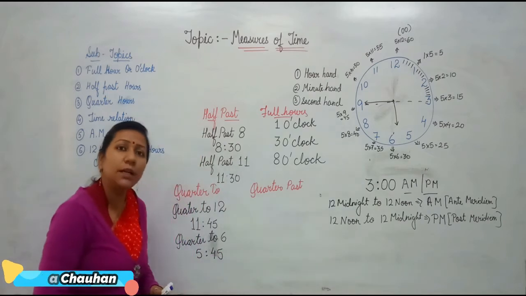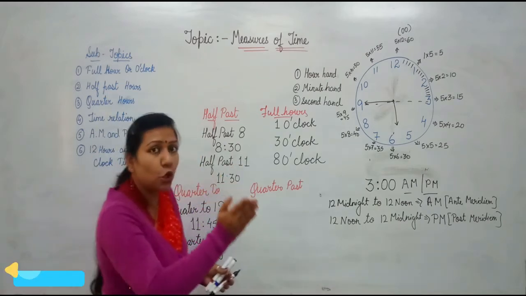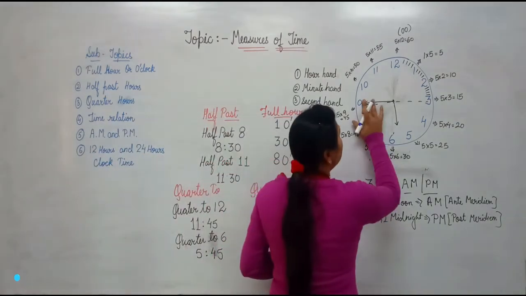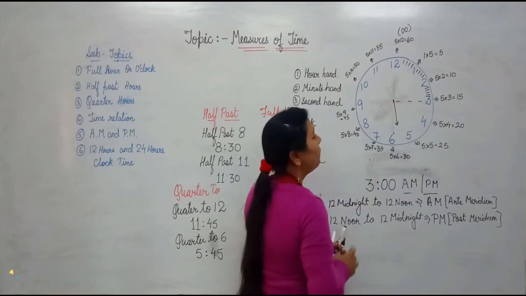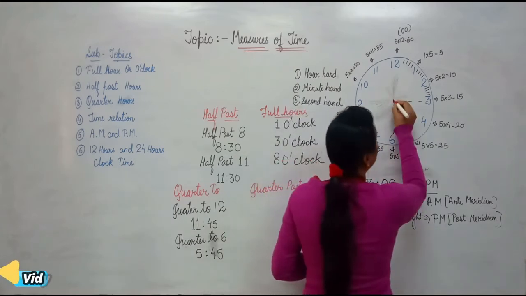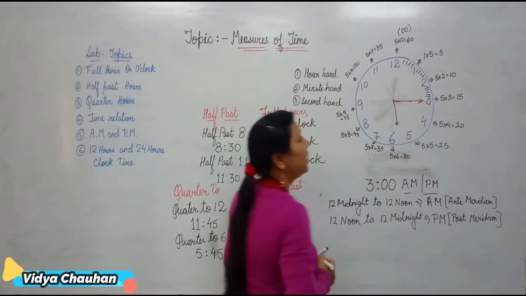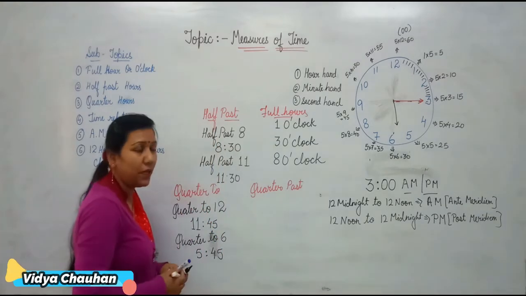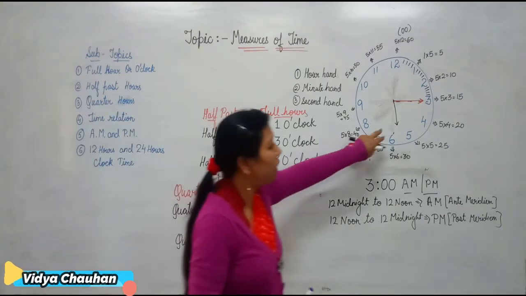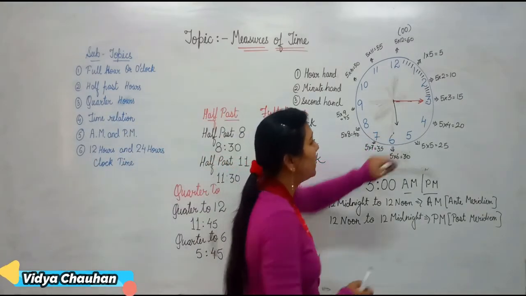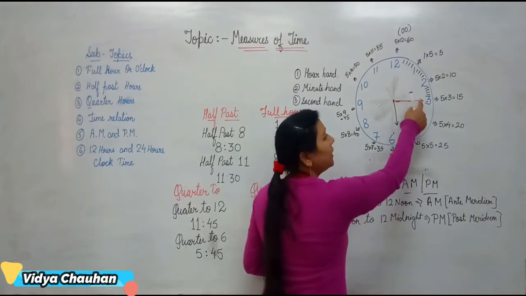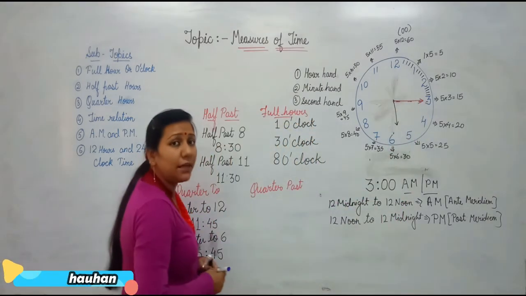Now what is quarter past? Quarter past means in this case your minute hand will be at 3. What will be the position of your minute hand? The minute hand will be at 3. Now can you tell the time? What is the time right now when your hour hand is between 5 and 6 and the minute hand is at 3?